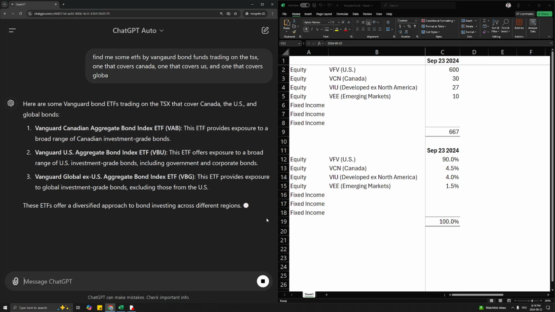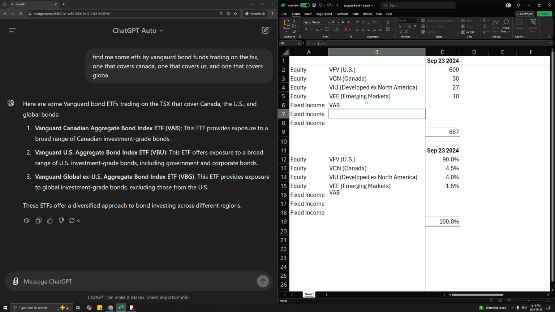Yay. So let's do VAB. So we're gonna add some VAB, this ETF provides exposure to Canada.